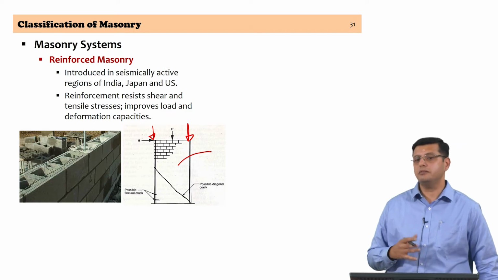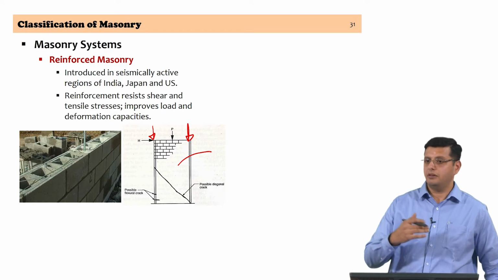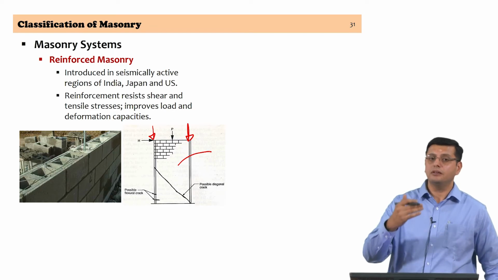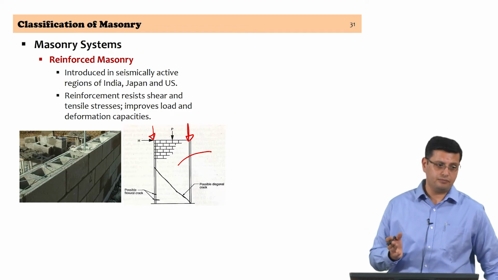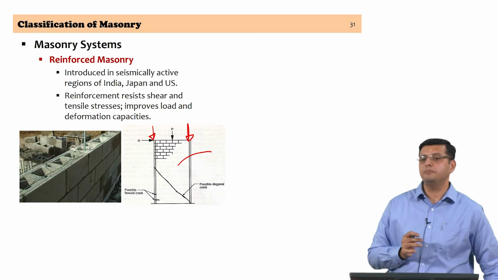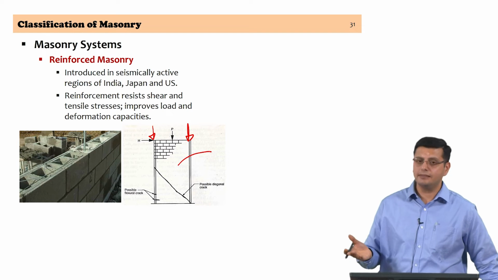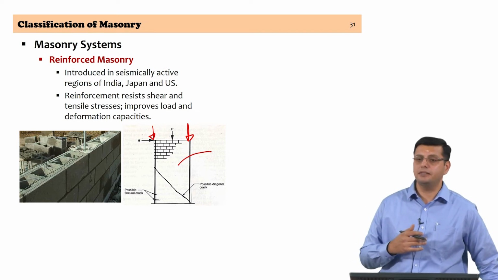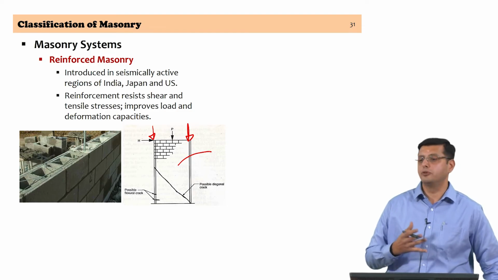This reinforcement of course provides additional strength resistance to the wall. So, strength improves, but more importantly we are concerned about the deformation capacity. So, the deformation capacity improves because of the reinforcement. You have distribution of cracks and additional lateral displacement capacity or deformation capacity that the reinforcement should be able to provide.